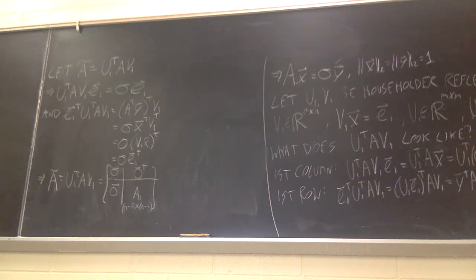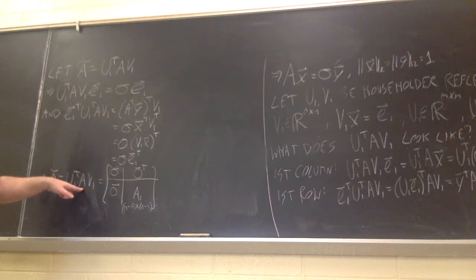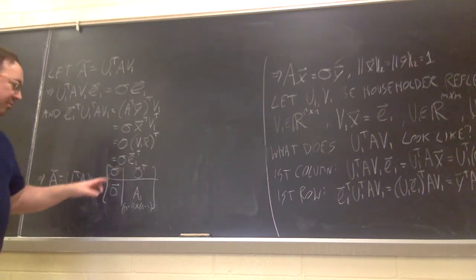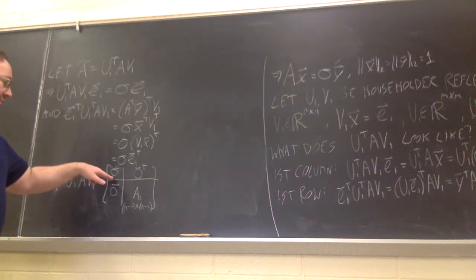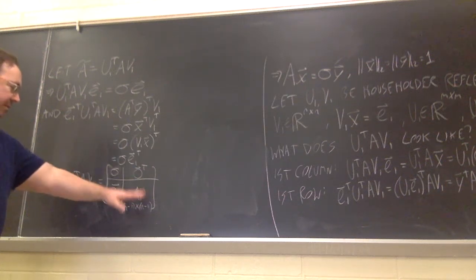So by finding the unit vector x so that the magnitude of AX is the matrix 2 norm of A, and then using Householder reflections based on that, I can transform A into a matrix where I've zeroed out most of the first row and column. I've been able to separate sigma from everything else.